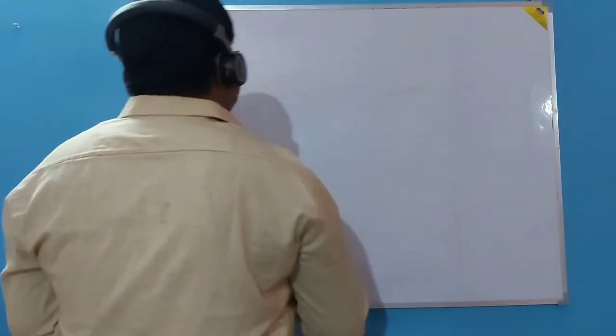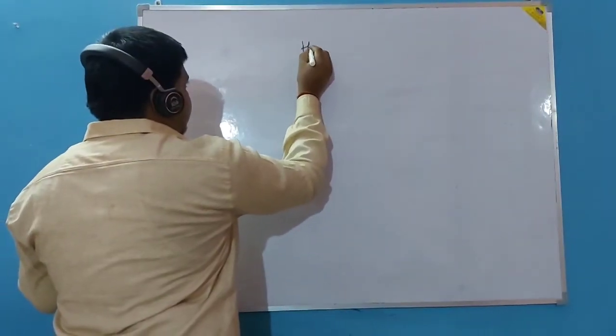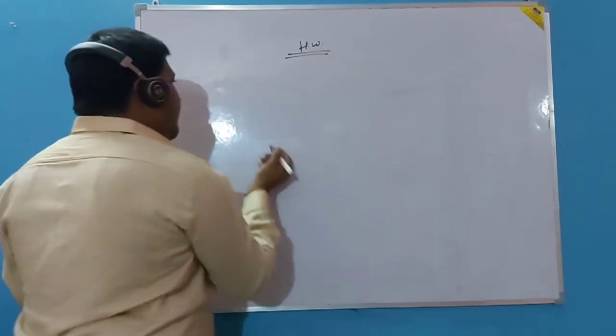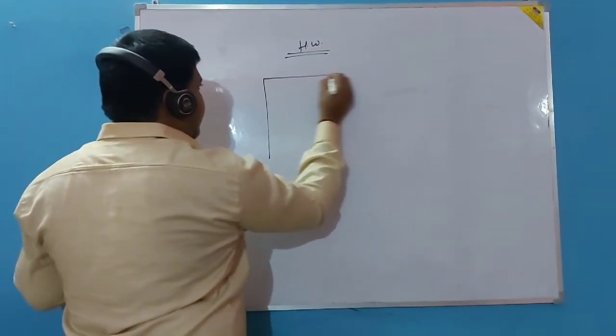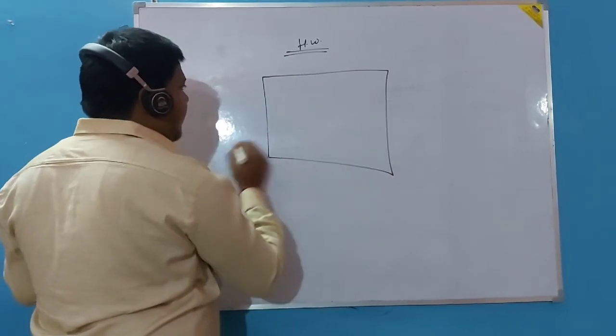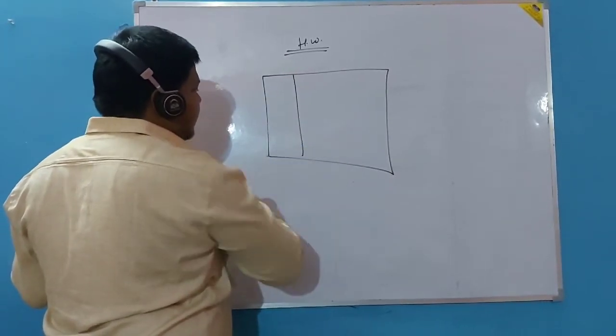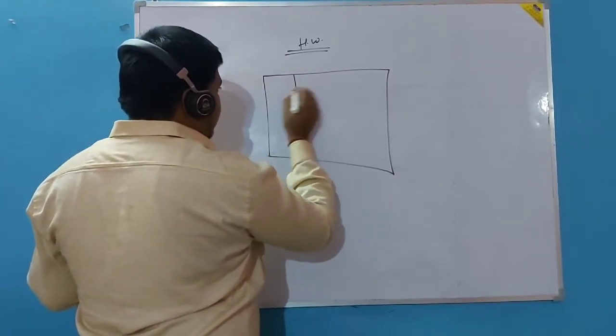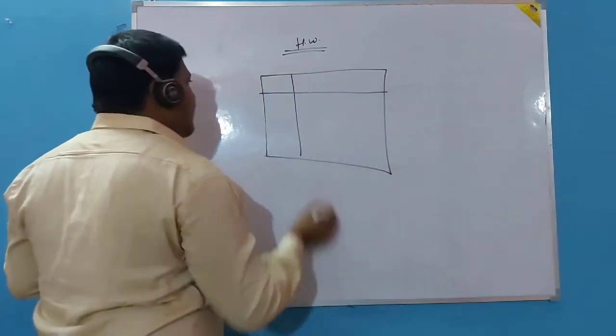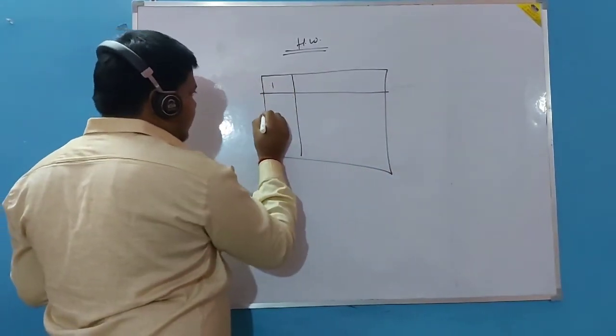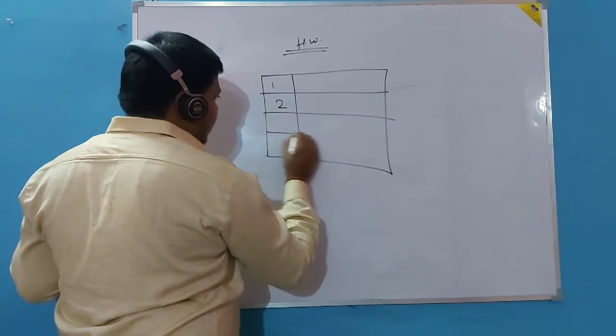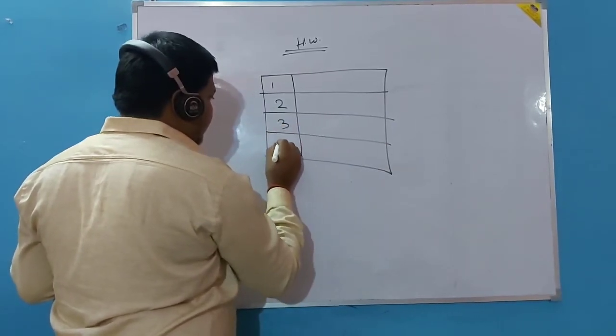I am giving you some homework, please, for the table code. From the videos you have to write the code and show me. Serial number 1, serial number 2, serial number 3, serial number 4.